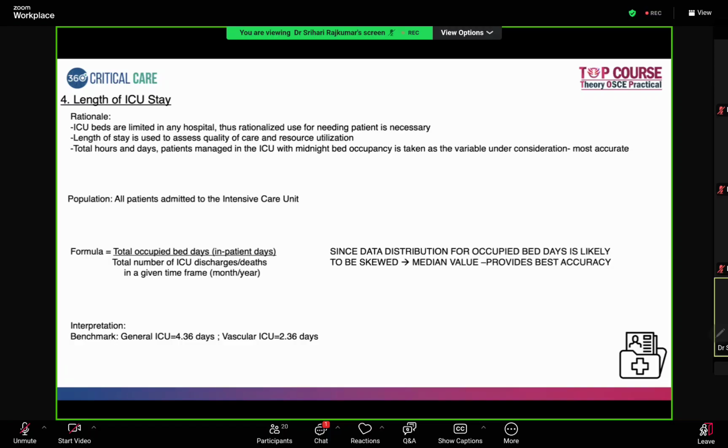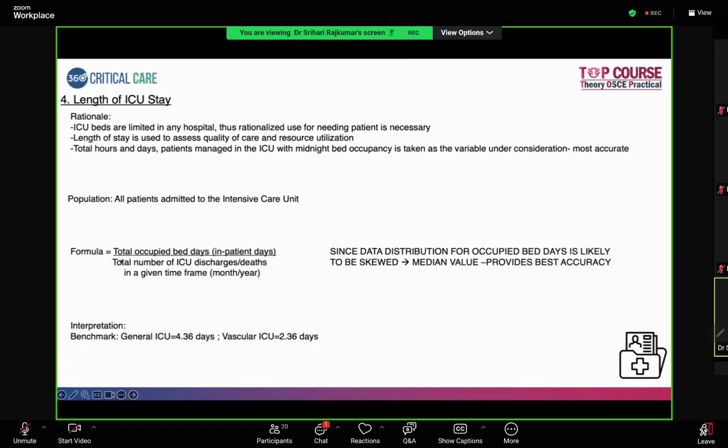So the number of patients in ICU is considered as the number of beds that are occupied. If you have a 14-bedded ICU, and the number of patients at 12 a.m. is 10, that means 10 beds are occupied. I think this part is clear.